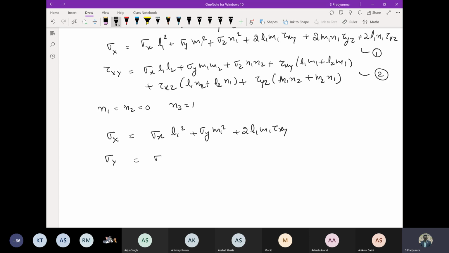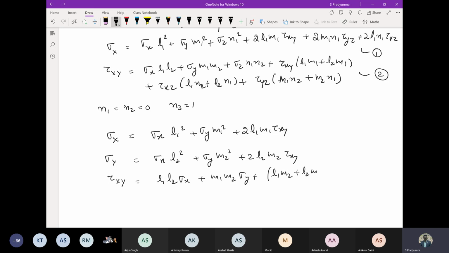I can write this equal to sigma x L2 square plus sigma y m2 square plus 2 L2 m2 tau xy, and tau capital XY is equal to L1 L2 sigma x plus m1 m2 sigma y plus (L1 m2 plus L2 m1) tau xy.